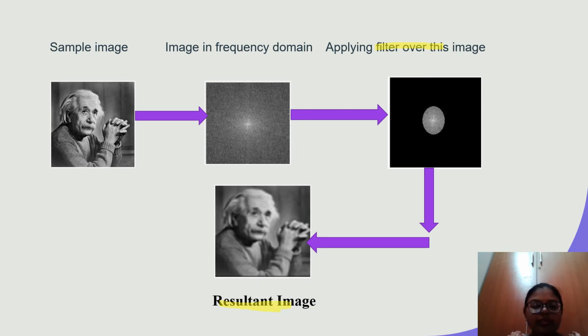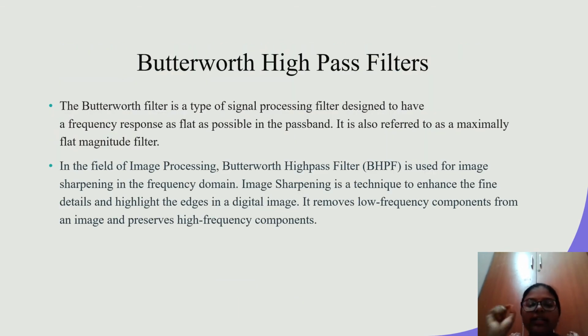Okay, next, Butterworth high pass filters. The Butterworth high pass filter is a signal processing filter designed to have a frequency response as flat as possible in the pass band. It is also referred to as a maximally flat magnitude filter.